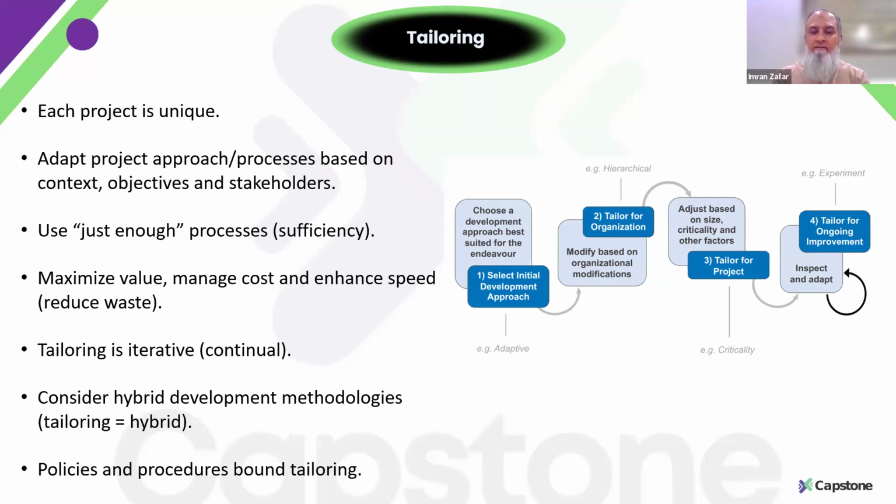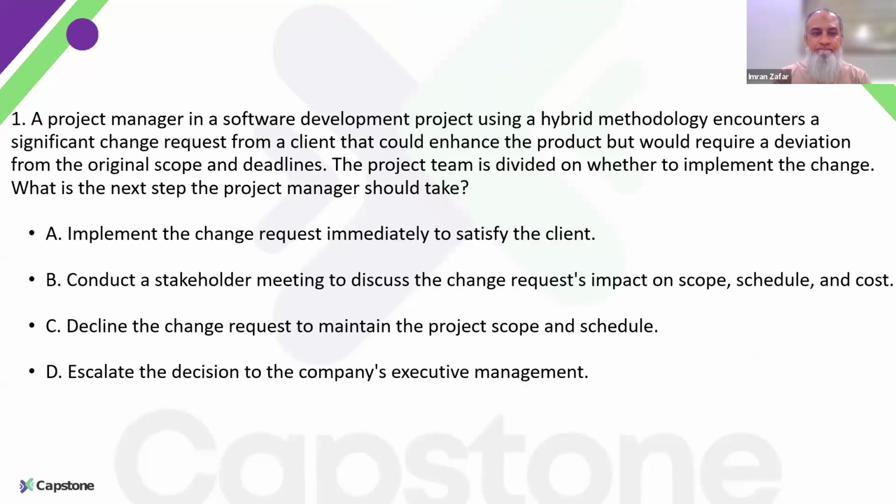So this is what tailoring is. Depending on what methodology or development approach we are selecting, we can tailor it as per the organizational structure and policies, and then tailor it further based on the requirements of the project, and we can keep doing it continuously as per the requirements and needs.